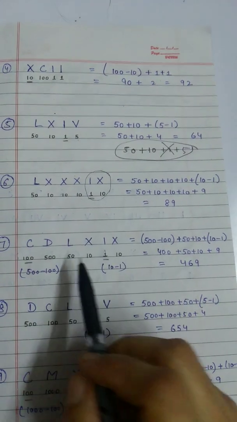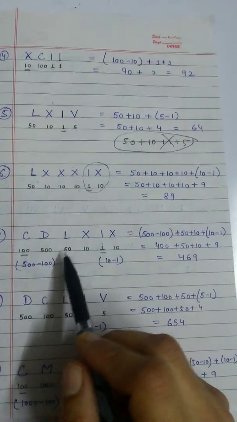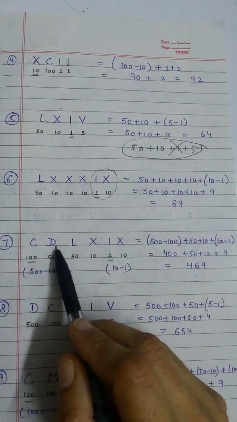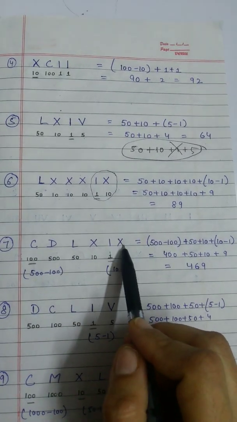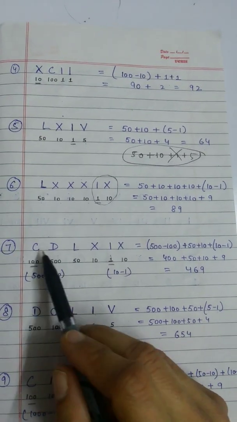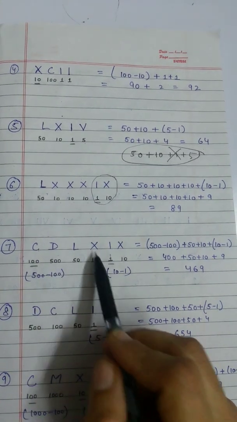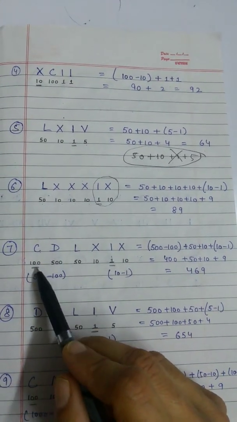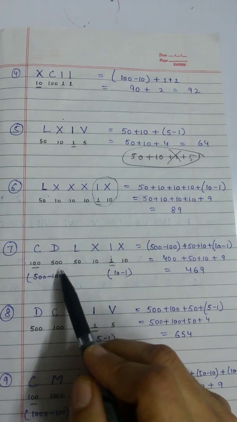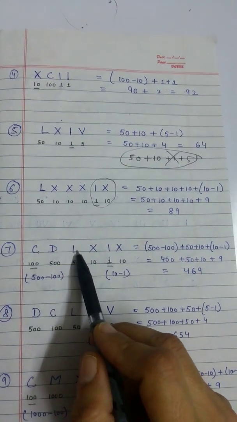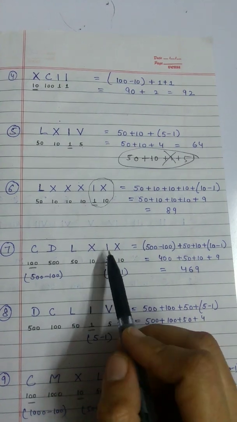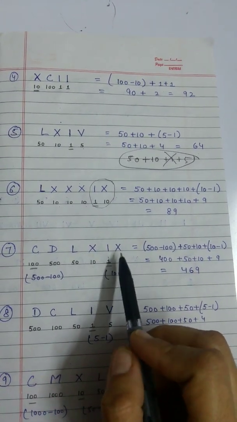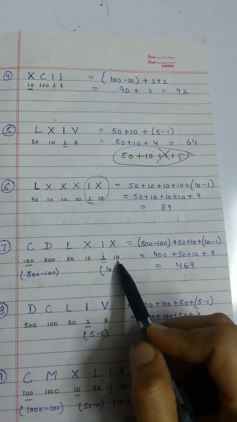Okay, let us understand a little bit more with another example. CDLXIX. Again the first step is, let me write the corresponding values to it. C has a value of 100, D has a value of 500, L has a value of 50, X has a value of 10, I has a value of 1 and again X has a value of 10.